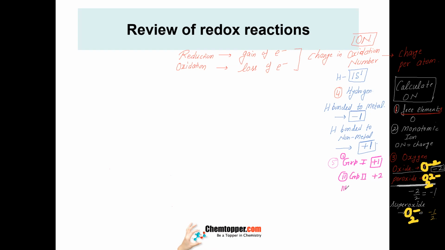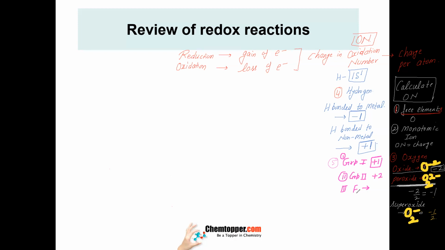And third, fluorine, a very special element. Fluorine is the most electronegative element of the periodic table. Sudeep, what can be the oxidation number of fluorine if it is the most electronegative? Most electronegative means it's not going to lose, it's going to gain only. How many electrons are needed to complete the octet?